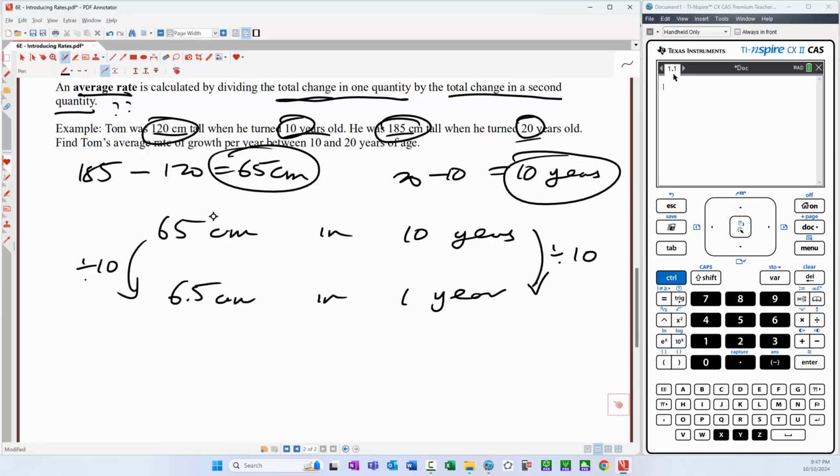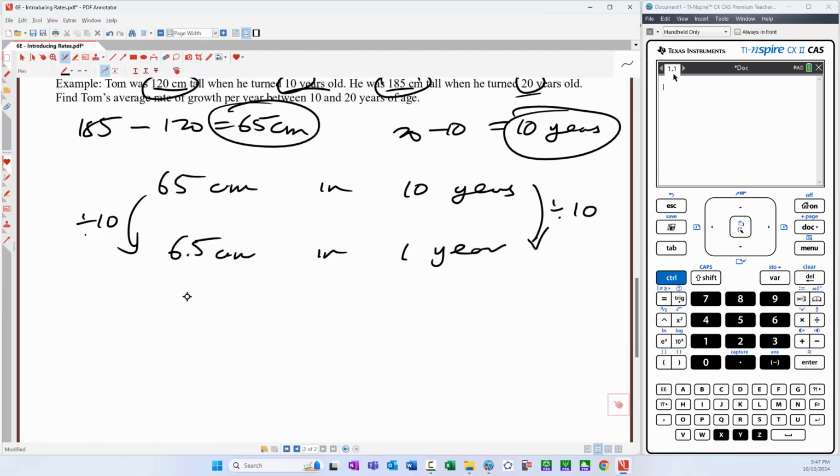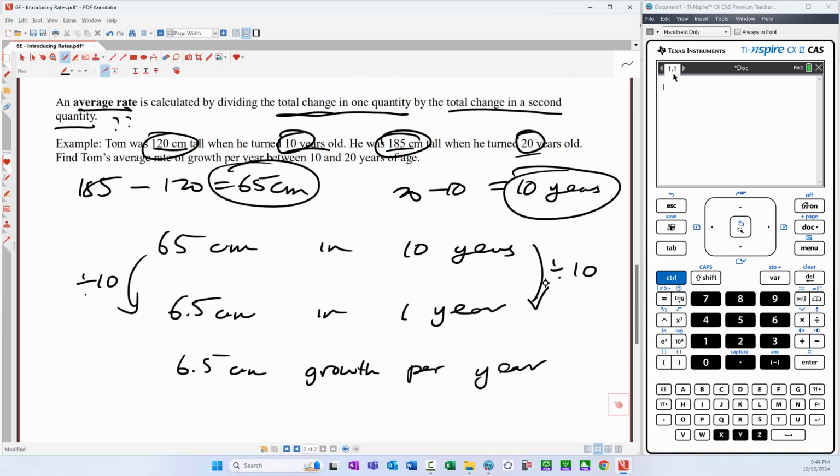We formalize that in a statement: 6.5 centimeters growth per year. That should be your second example in your books with this definition included.